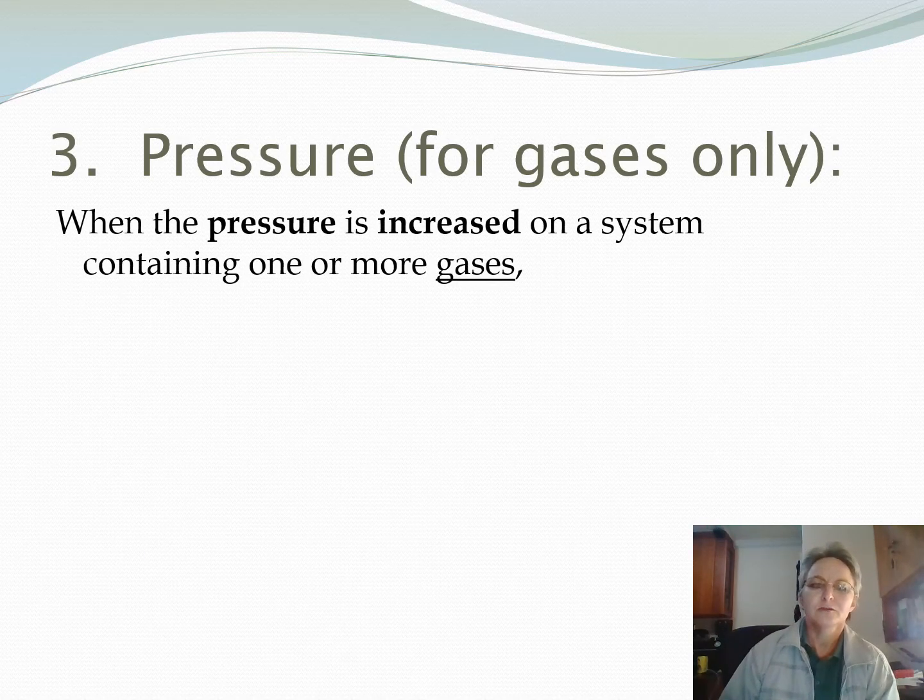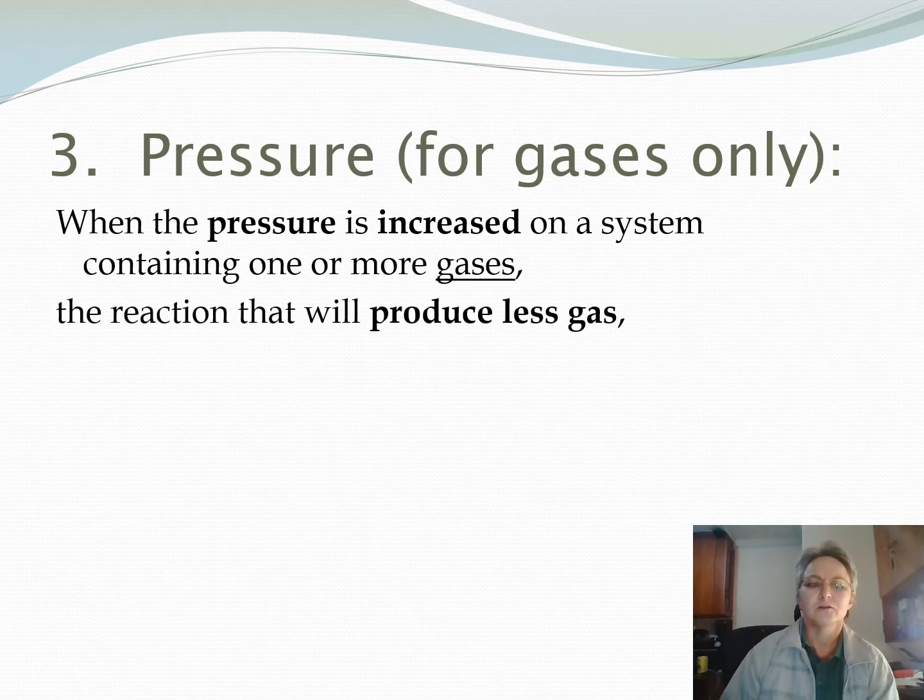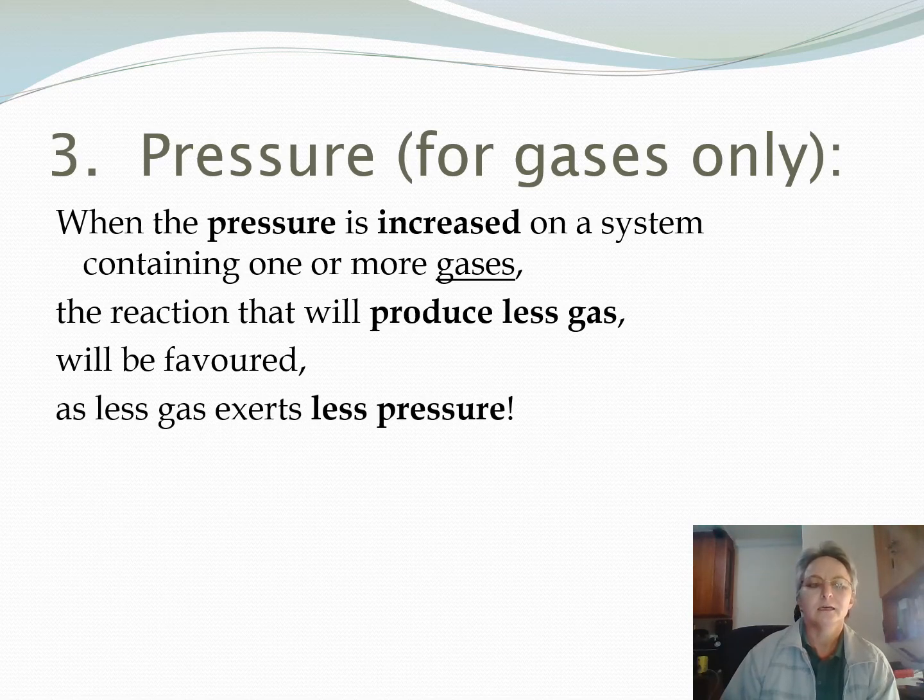If there is an increase in pressure on a system containing gases, the reaction that will produce less gas will be favored, as less gas will exert less pressure. The opposite is true. When the pressure is decreased on a system containing gases, the reaction that will produce more gas will be favored, as more gas will exert greater pressure.